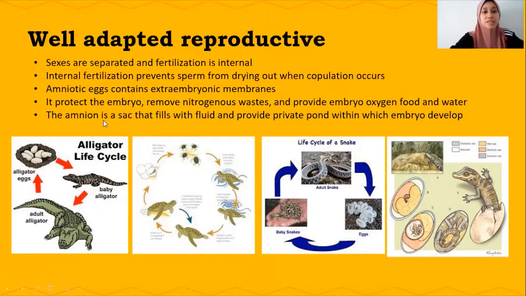The amnion is a sac that fills with fluid and provides a private pond within which the embryo develops. Like in these figures, we can see the amnion sac that is filled with fluid and provides the private pond for the embryo. So the embryo can develop bigger and bigger until they hatch.